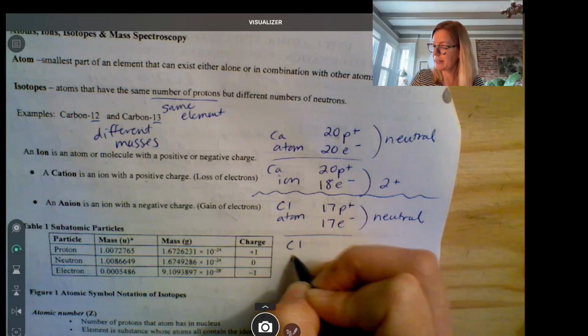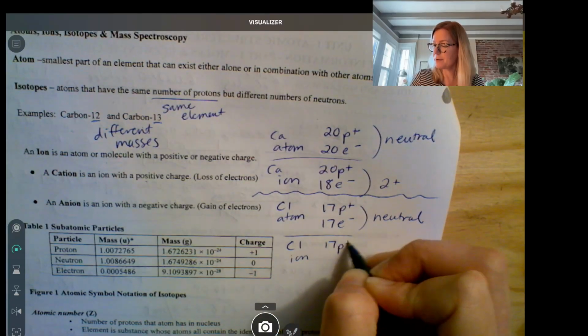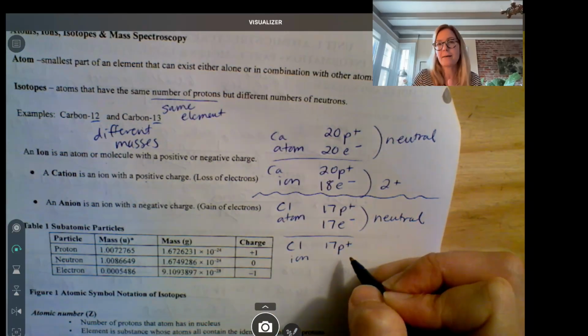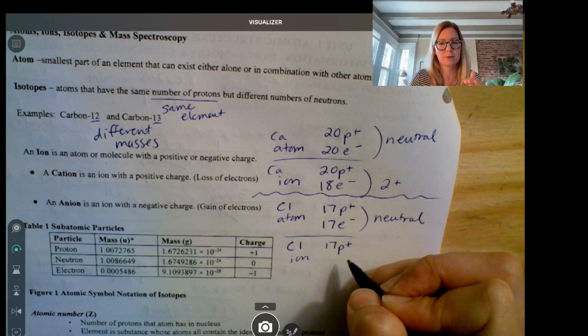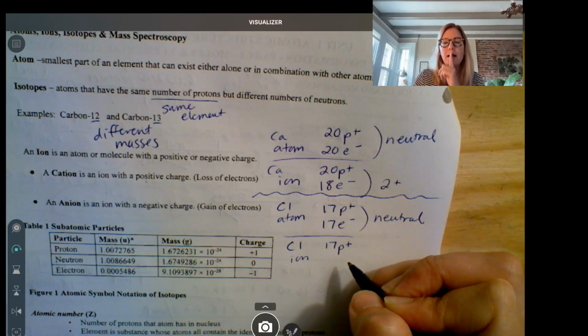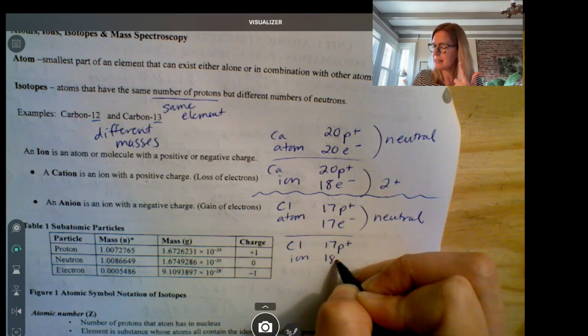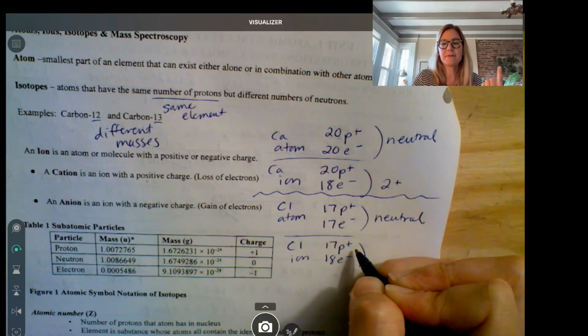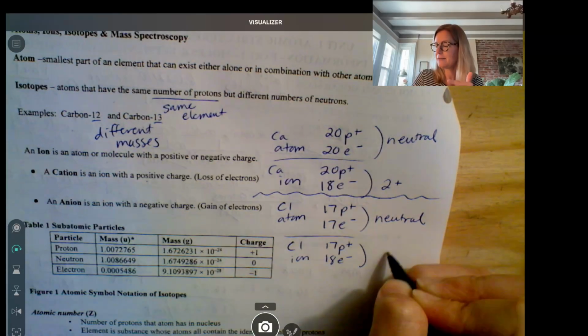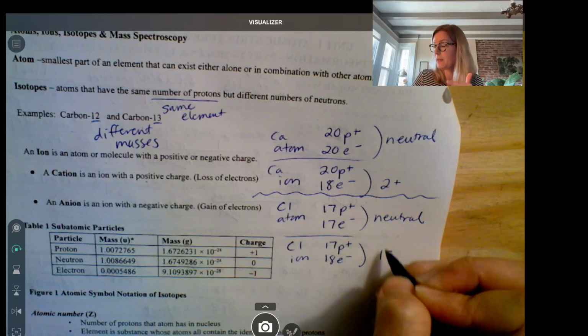So we have the chlorine ion. It still has 17 protons. Protons are in the nucleus. They cannot be gained or lost, okay, in a chemical reaction, in chemistry. The electrons on the outside of the atom can be gained and lost. So chlorine tends to gain an extra electron, so it has 18 electrons, okay? 17 positive and 18 negative adds up to 1 negative, okay?